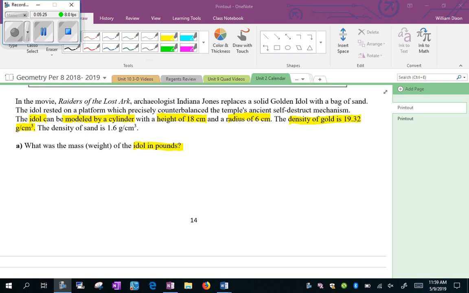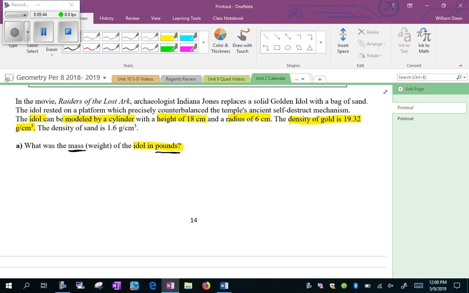So there are a couple of things. Let's start with, what are we looking for? We're looking to find out the mass or the weight of the idol in pounds. Okay, so in our problem, we're given grams.